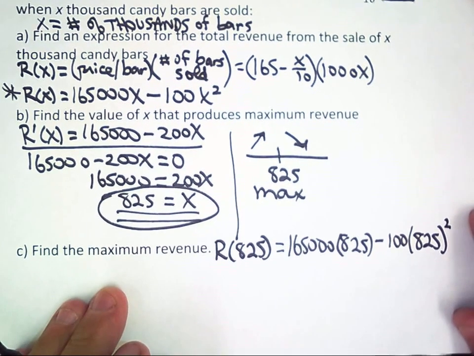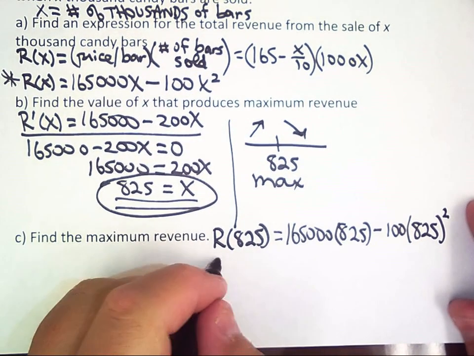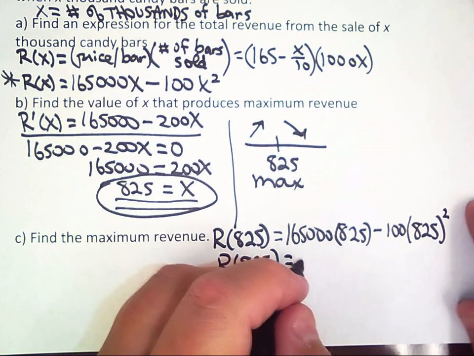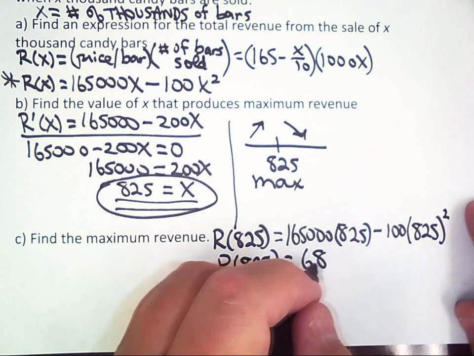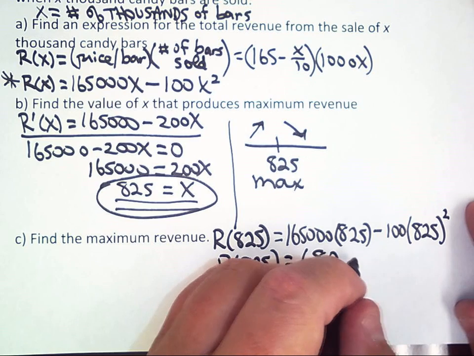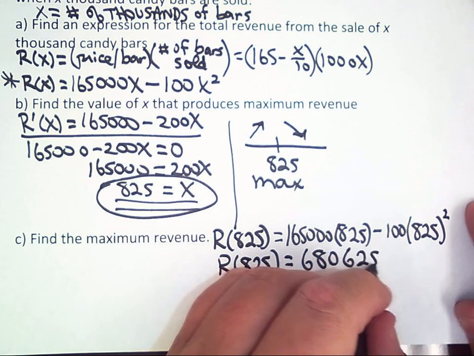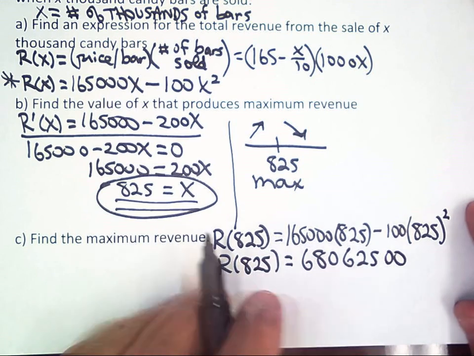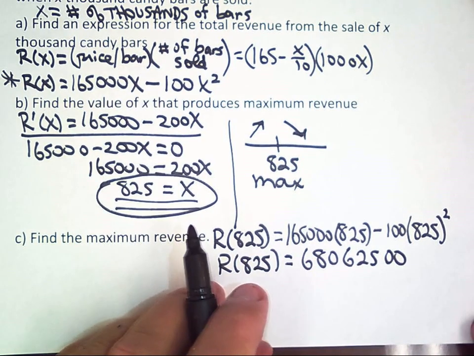And I'm not going to bore you with the arithmetic, but when the arithmetic is done, you end up with 68,062,500. And here's the other problem if you're not careful.